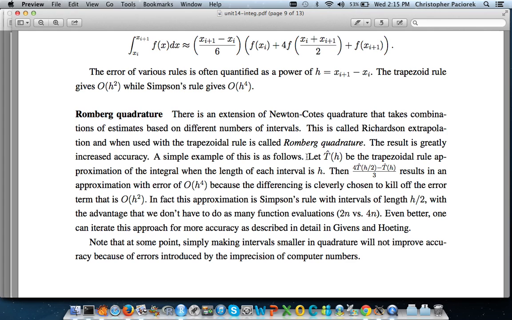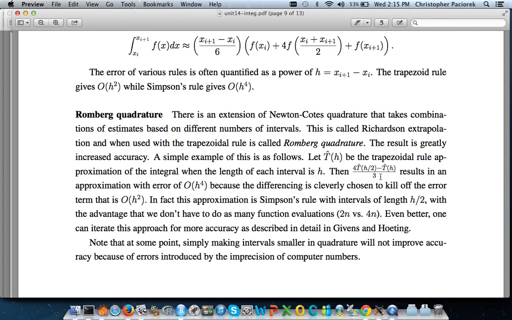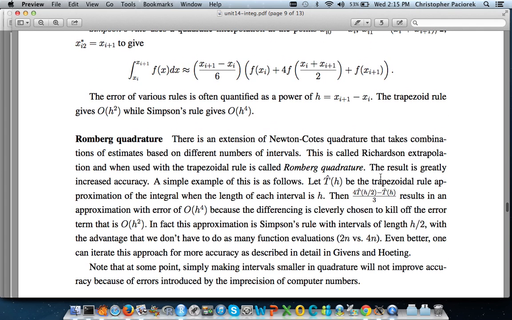But the cool thing that someone figured out at some point is that if you take this combination, 4 times the trapezoidal rule with h over 2 minus the trapezoidal rule with h, and divide by 3, you actually get a higher order accuracy estimate of the integral.